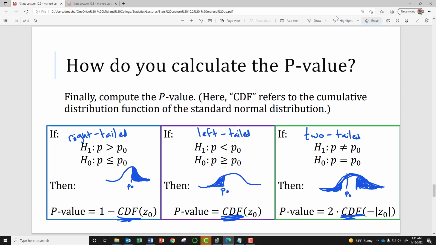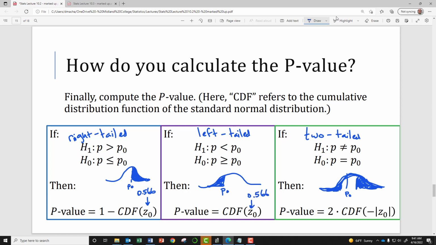Anyways, we have different formulas for the p-value depending on which this is. For the right-tailed test, since we're calculating the area on the right side under a distribution, we're talking about 1 minus the standard normal CDF evaluated at that z0 test statistic that we just did, which was 0.566. If we're doing a left-tailed test, this is just the CDF evaluated at 0.566.